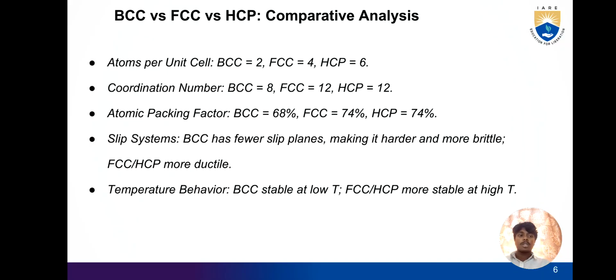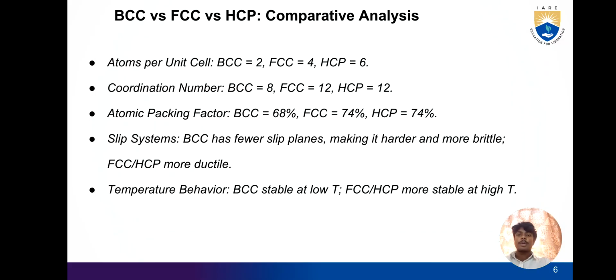Slip systems: BCC has fewer slip planes, making it harder and more brittle than FCC, which is more ductile. Temperature behavior: BCC is stable at low temperature, and FCC and HCP are more stable at high temperature.